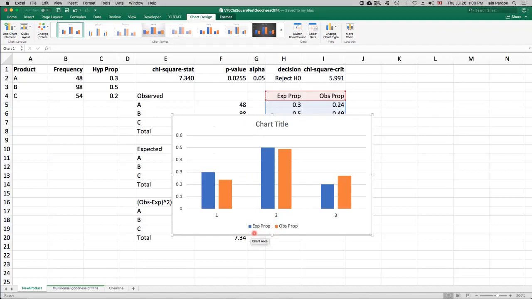And here we can see the expected proportions in blue, observed proportions in orange. And it looks like this is company C, the new product. So they're increasing their market share from the historical norm. And it looks like it's at the expense of company A, because their market share has gone down, whereas company B's gone down a little bit, but not by as much as company A.